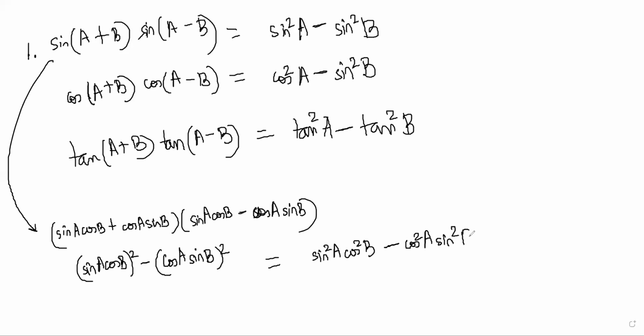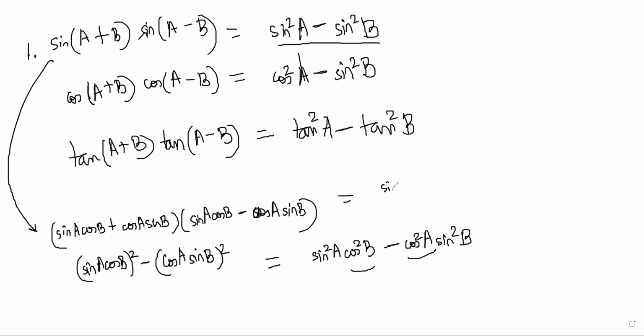Now since I have to prove that it is equal to this, I need to remove any cos that has come, right? Yes, sir. You have to remove the cos part here.